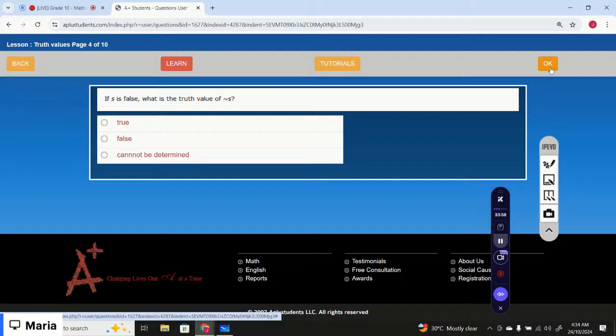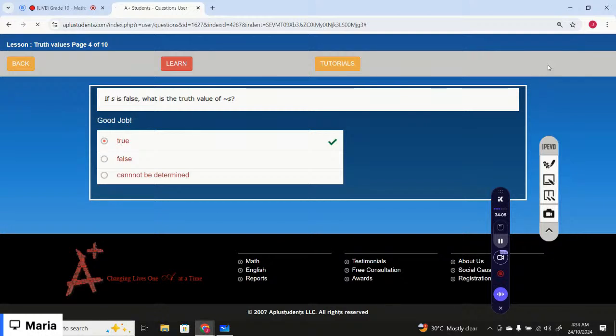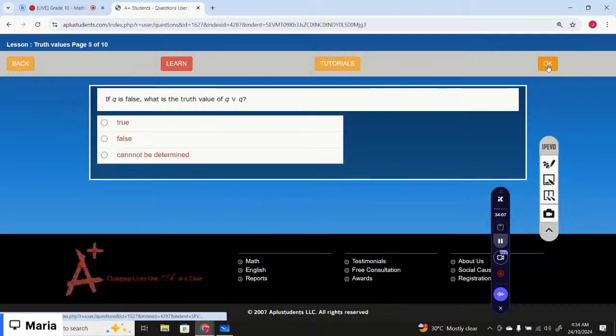Not of S means true. The correct option is true. That is negation of S, right? So if false, the negation is true.